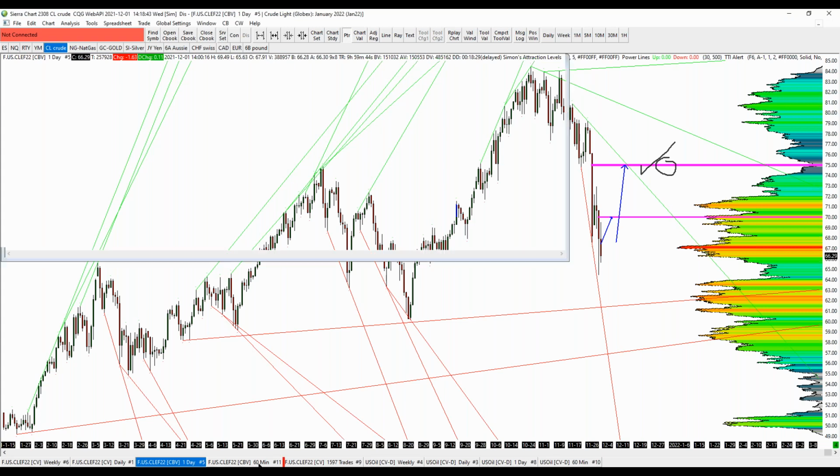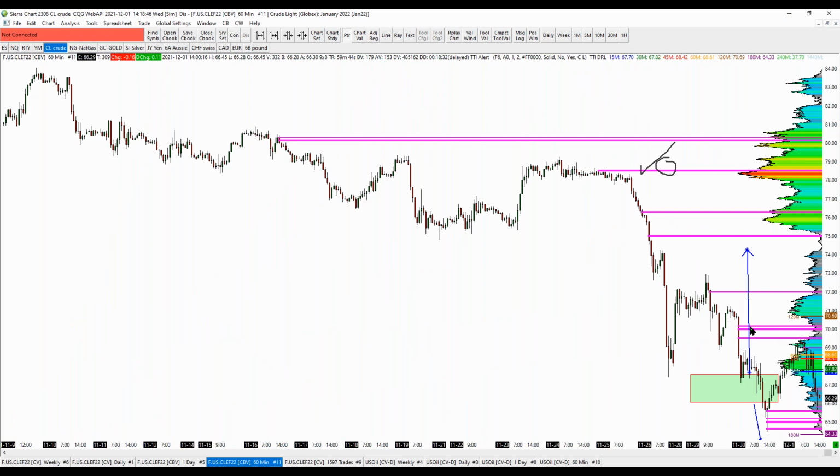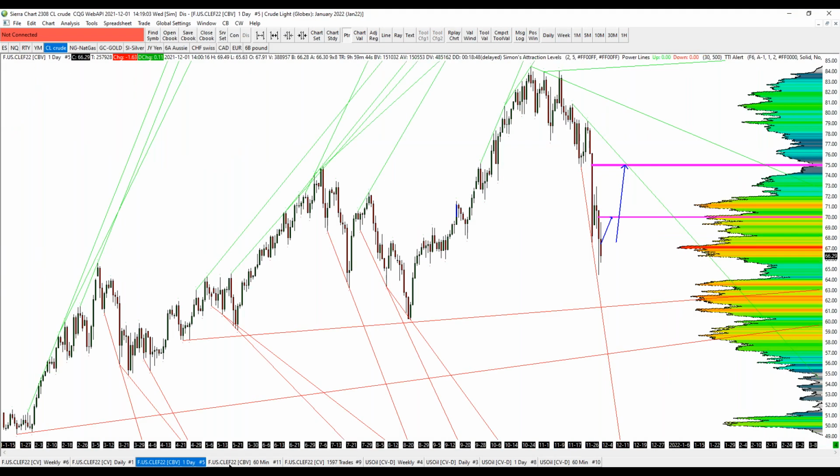And if I look at a 60-minute chart, you will see more of these magenta lines. Just give me a second. It's not easy to keep erasing those. Oh, sorry. Got it. So you see more magenta lines. Why do I see more magenta lines here than on a daily chart?